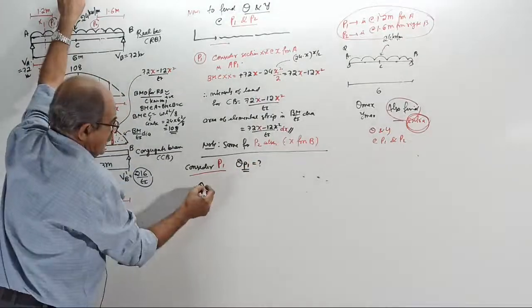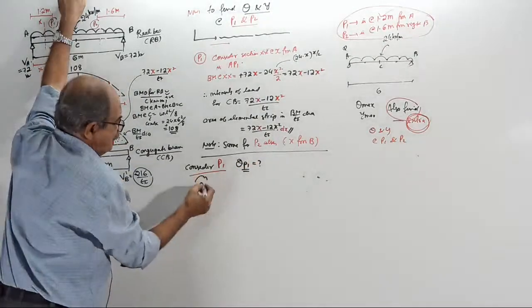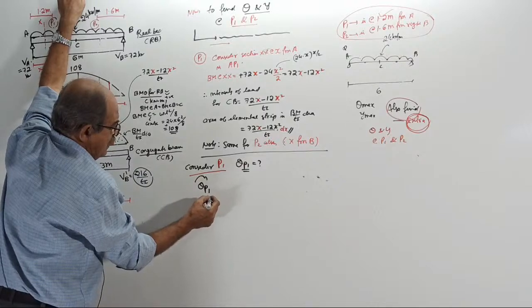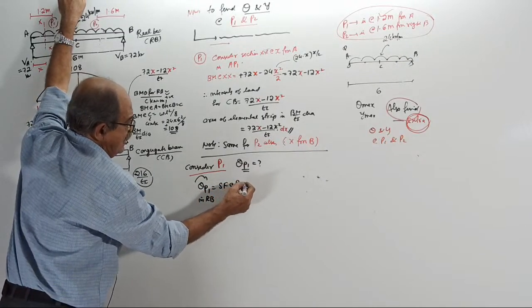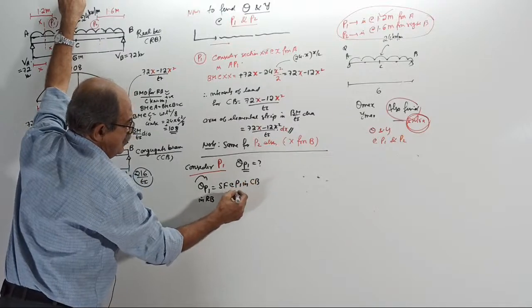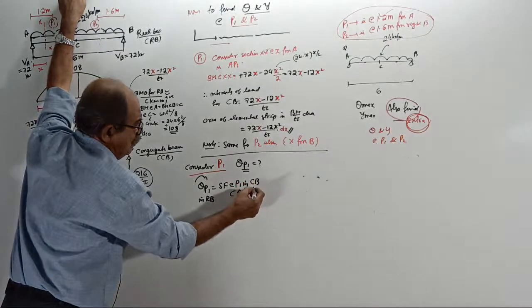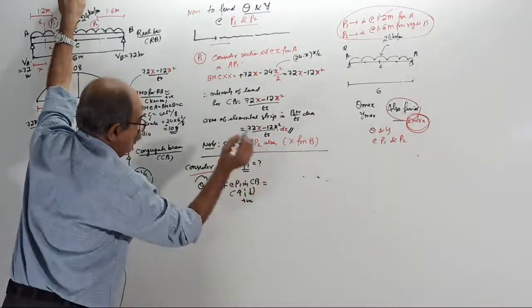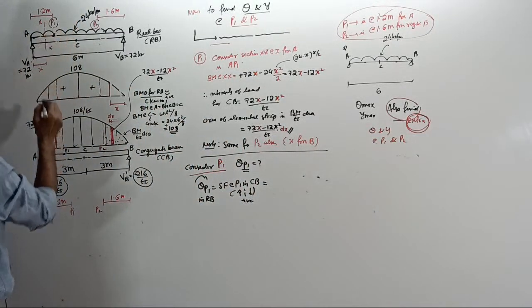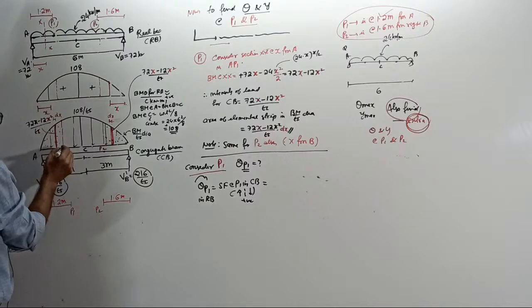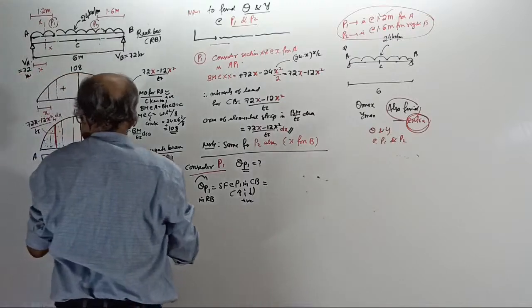Right. Theta P1 clockwise in real beam equal to shear force at P1 in conjugate beam. Left up is positive, right down positive, equal to slope here at the P1 equal to shear force here. Shear force here is what? Look this side.